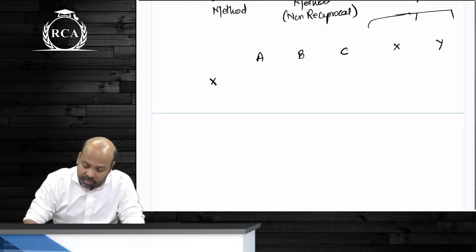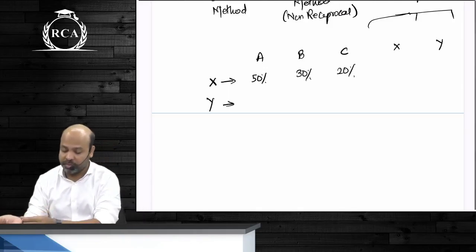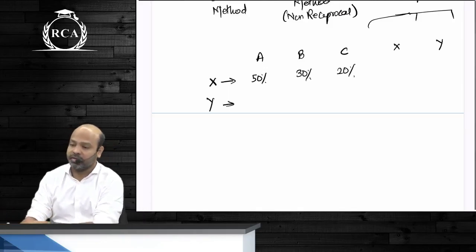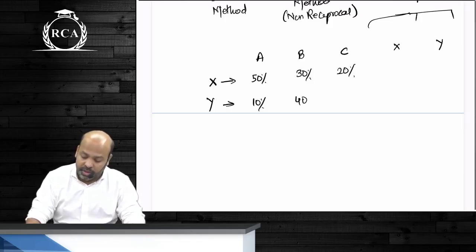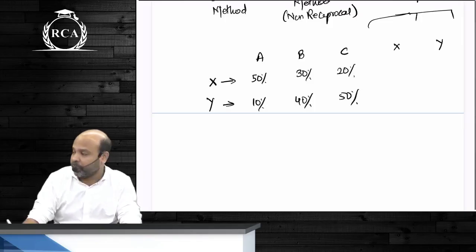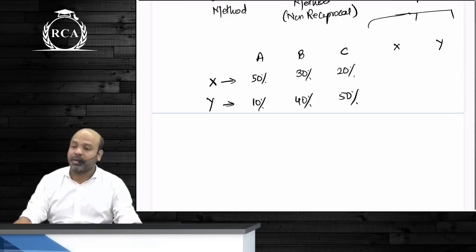If service department is rendering service, let's say only to production departments, X renders 50% service to A, 30% service to B, 20% service to C, and Y renders, let's say, 10%, 40% and 50%. There's no service that is rendered by one service department to another service department.